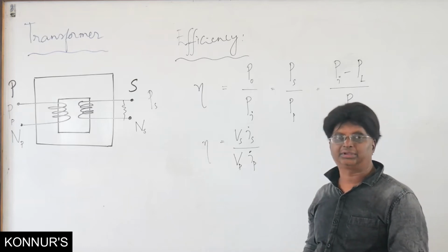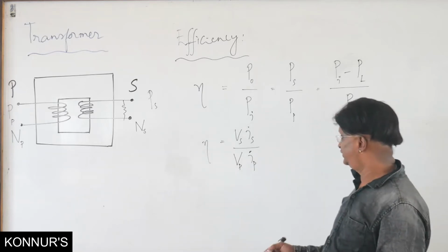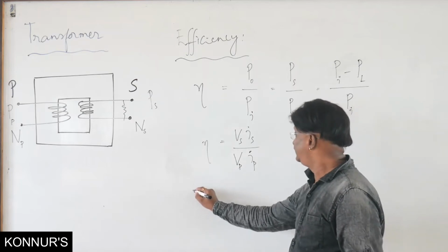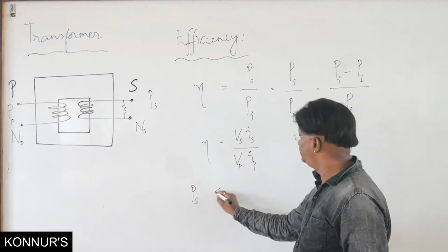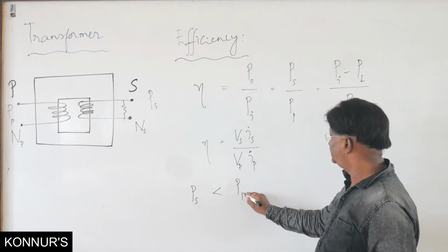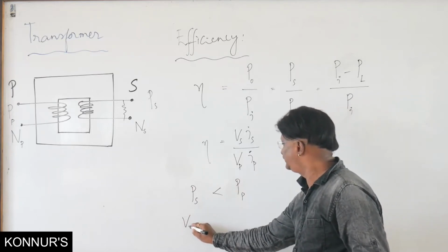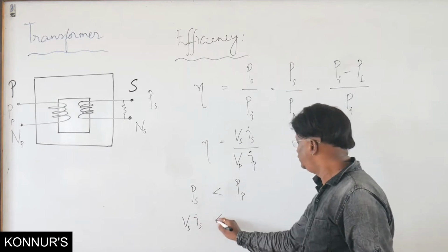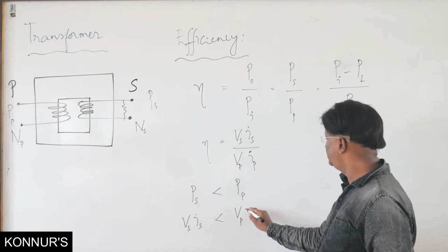But in practical cases, it is seen that the power in the secondary is always less than the power in the primary. The power in the secondary, VS IS, is always less than VP IP.